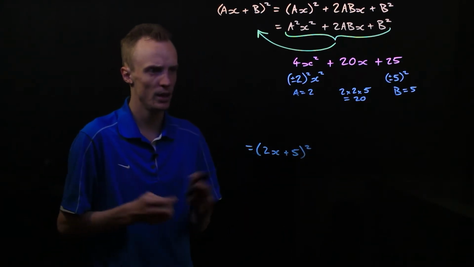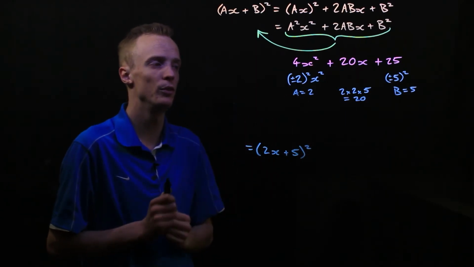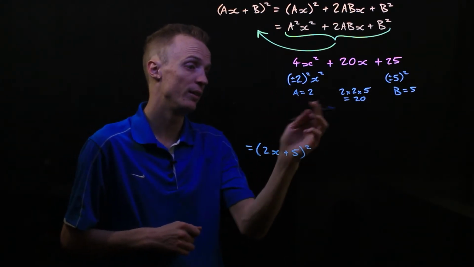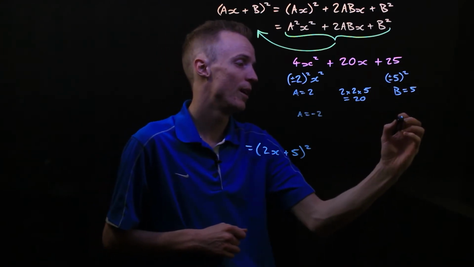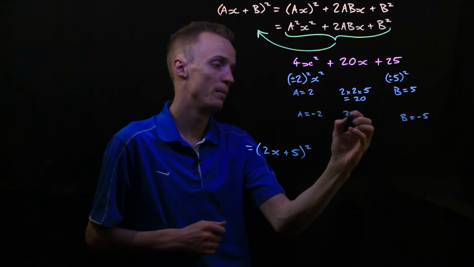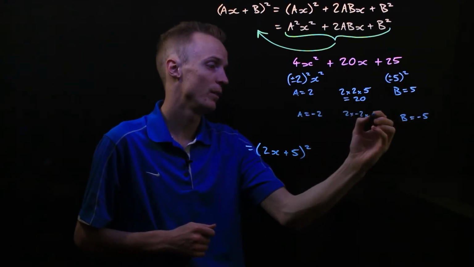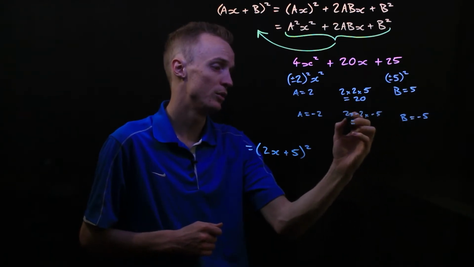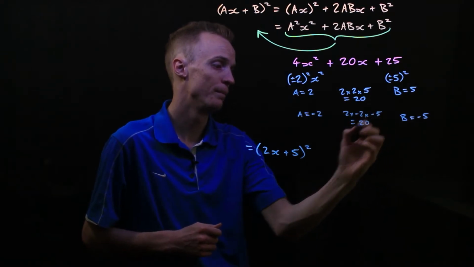Now what's interesting here is you actually do have two different solutions that are the same. Let's say I made a negative 2 and b negative 5. Then 2 multiplied by my a of negative 2 multiplied by my b of negative 5 is 2 times negative 2, which is negative 4, times negative 5, which is positive 20.